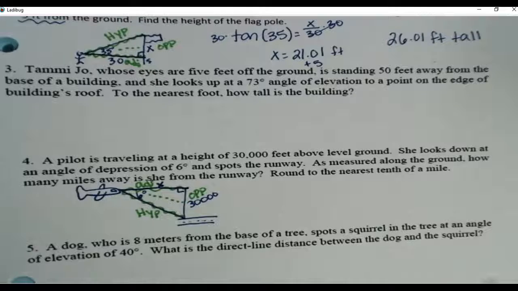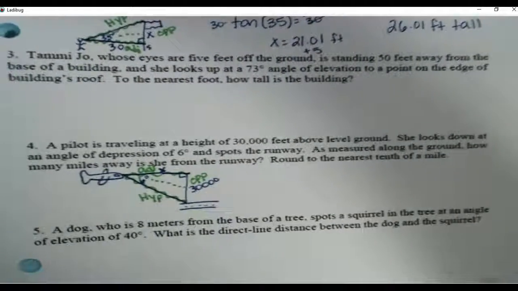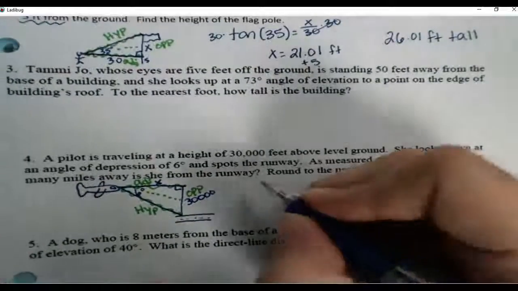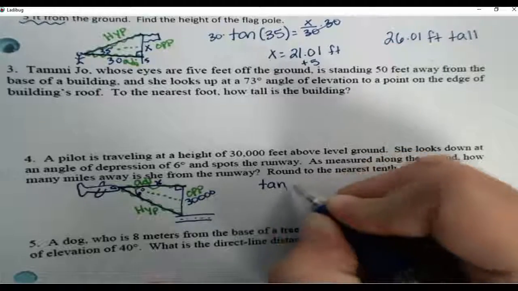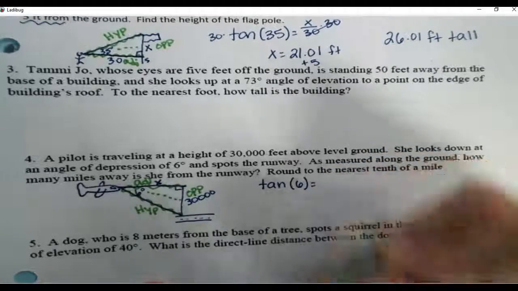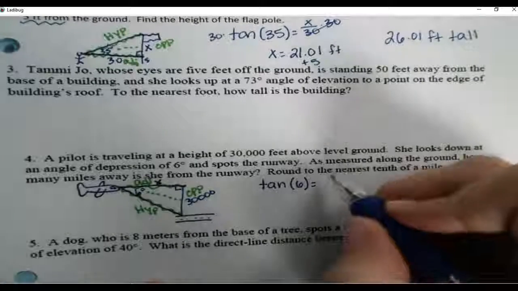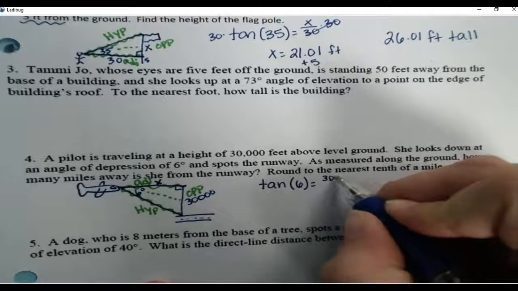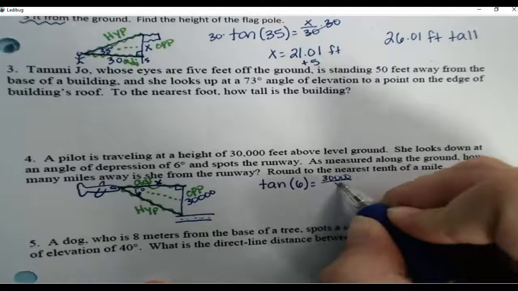So again, which trig function do we want to use? Tan. Good. A lot of these are tan. So we do tan of 6, and then it's O over A. So 30,000 over X.